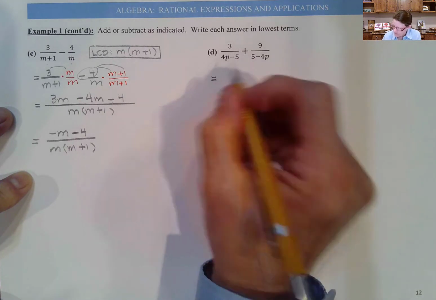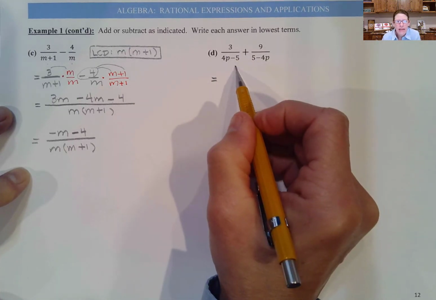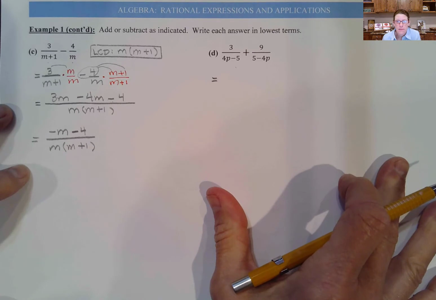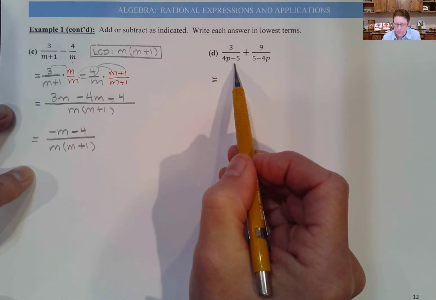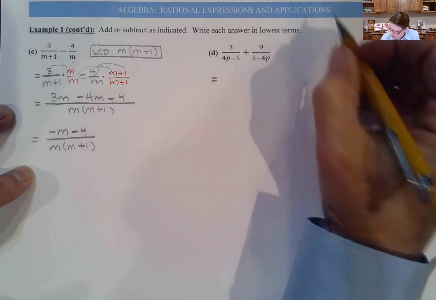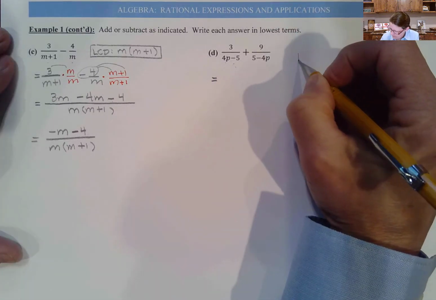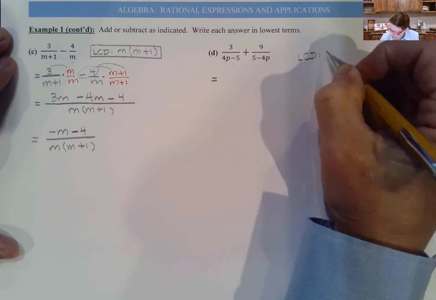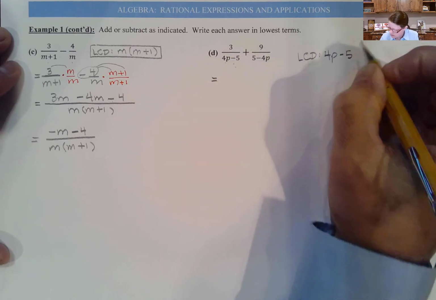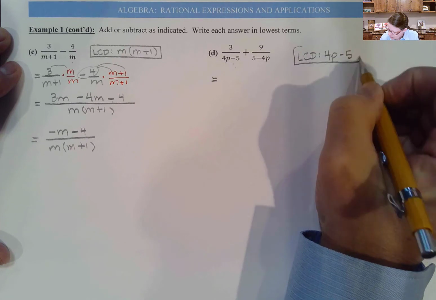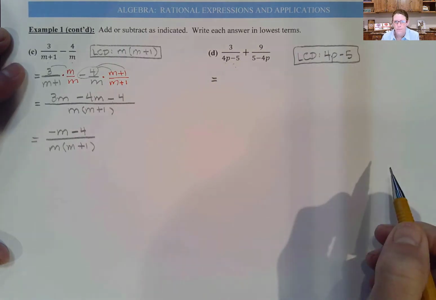Part D. This is unique. Notice that those denominators are opposites. And so we can choose either denominator as our LCD. I'm going to choose 4p minus 5. I prefer it because it's in decreasing degree order, and it's common to write expressions in decreasing degree order.